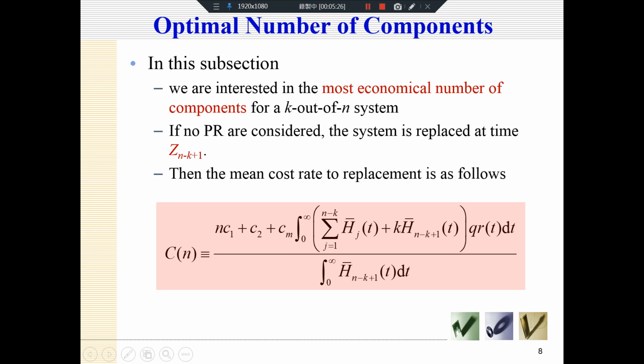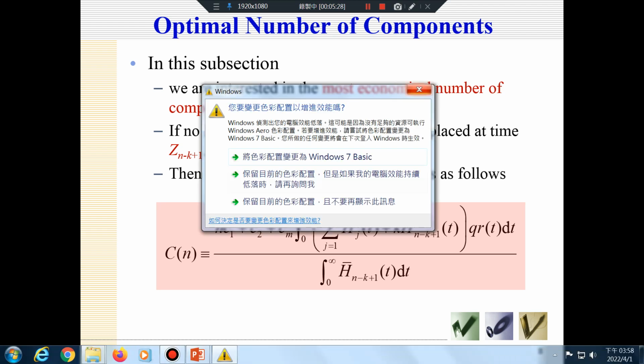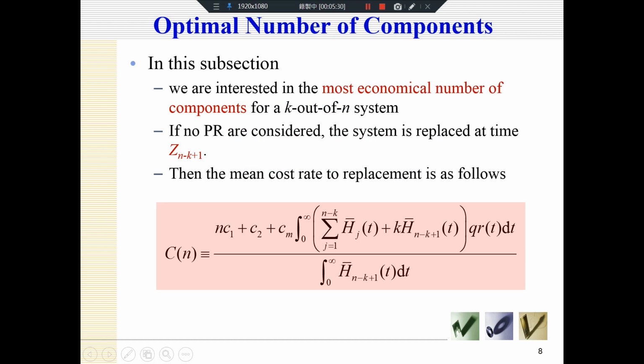In this subsection, we are interested in the most economic number of components for a K out of N system. If PR is not considered, the system is replaced at time Z of N minus K plus 1. Then the mean cost rate to replacement is as follows, equation C of N. Please refer to it.